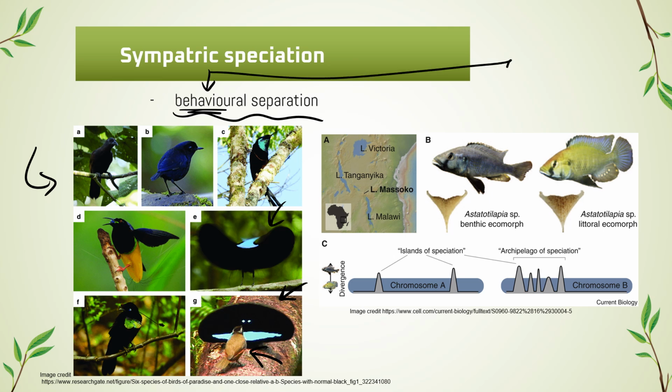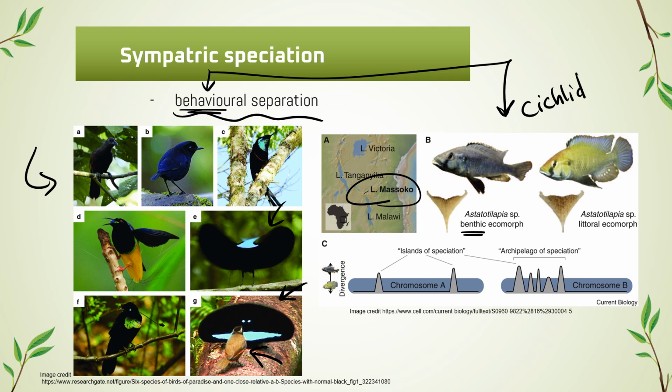Another example of behavioral separation that allowed for sympatric speciation to occur are the feeding behaviors of these two species of cichlid fish. These fish both live in the same lake in Tanzania, but because they feed in different locations, over time, different mutations were beneficial, and that led to speciation. This particular ecomorph is benthic.